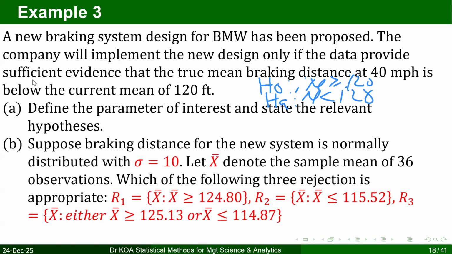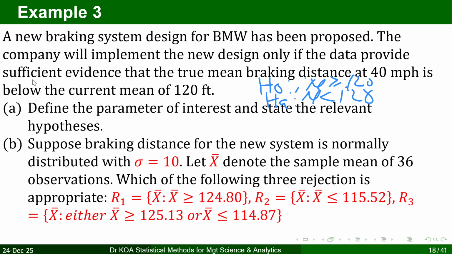So what does the first one mean in simple language, in terms of the new braking system? The first one means that the new braking system is what? Is it good or not? Greater than or equal: not good.